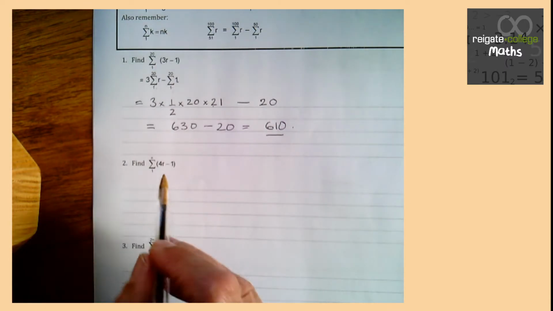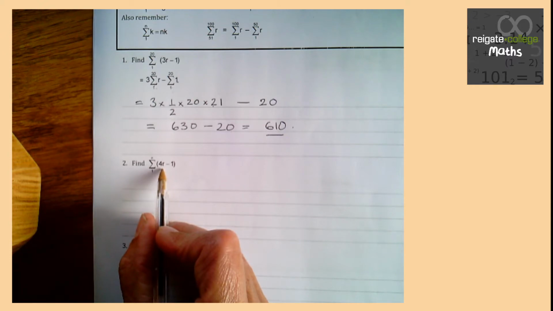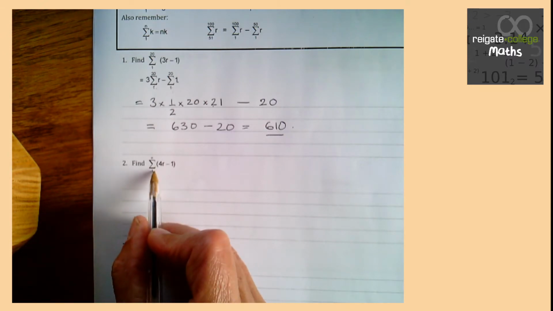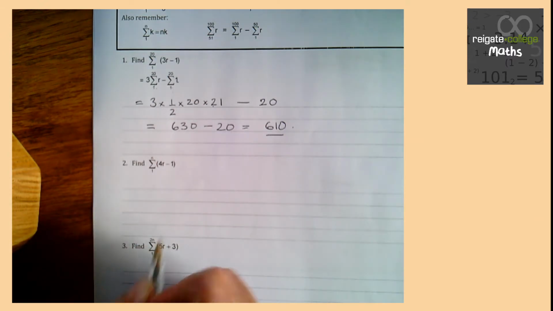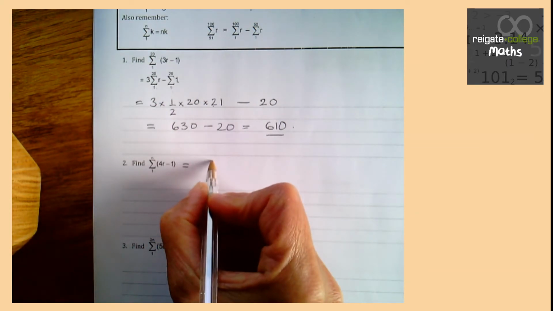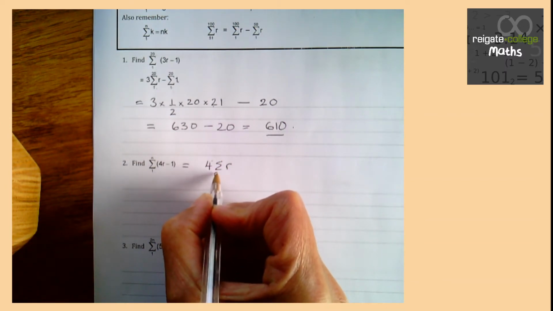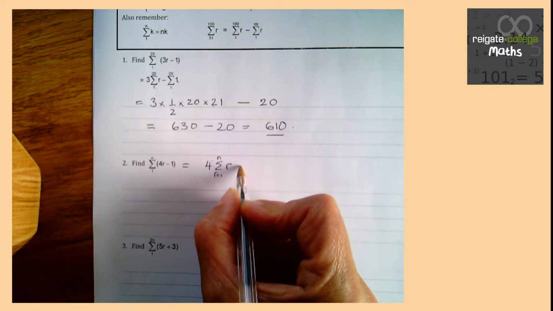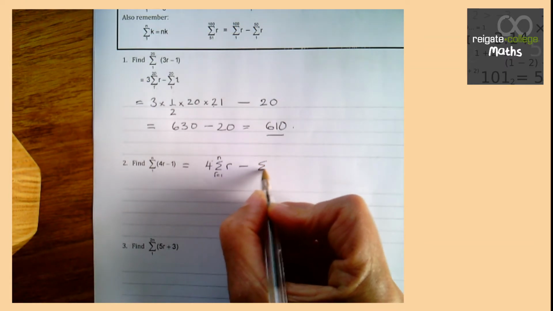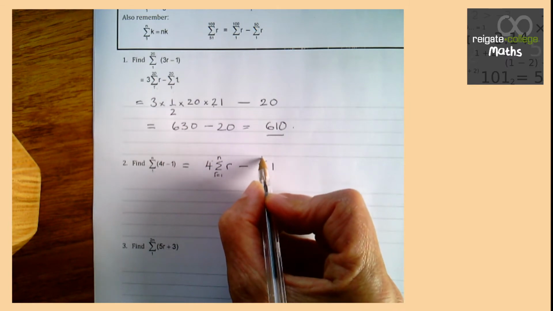Next example, we've got the sum of 4r minus 1 from r equals 1 up to n. This is just the same as the last one, different expression inside. So this is going to be 4 times the sum of the r's, from r is 1 up to n, minus the sum of 1 from r equals 1 up to n.